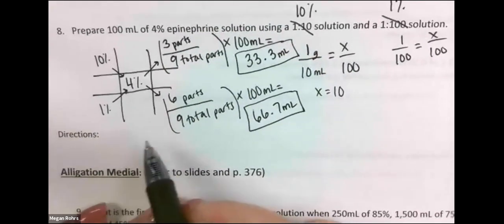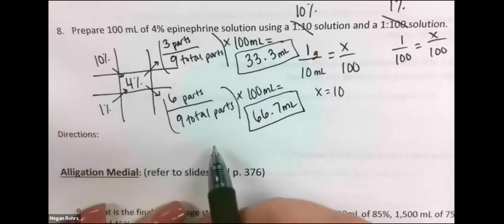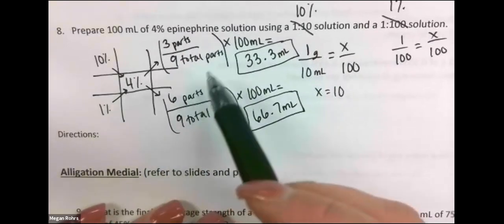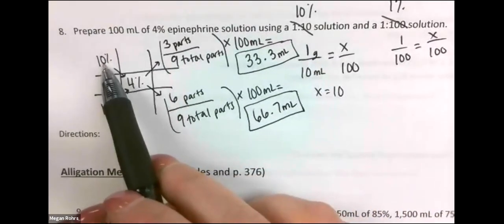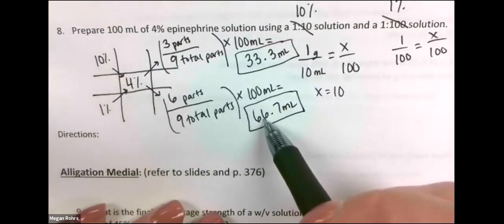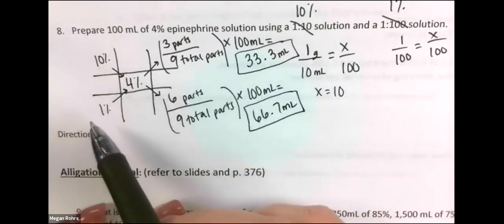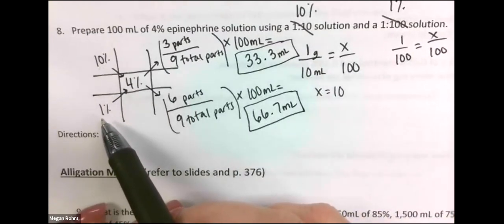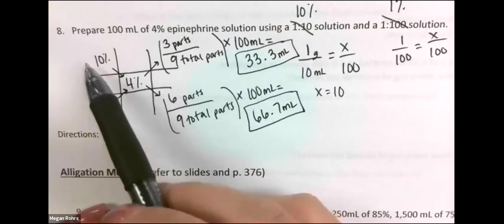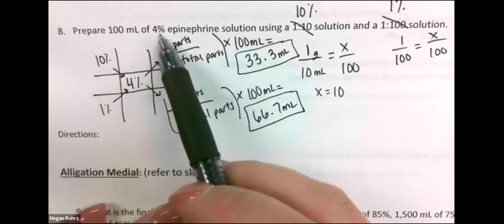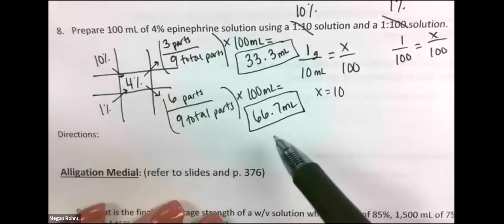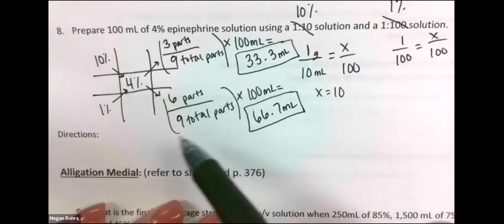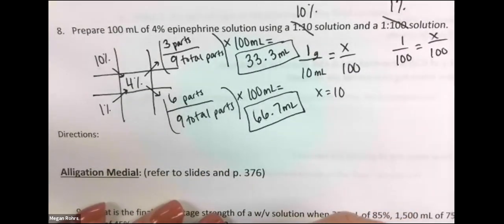Now let's write the directions so we can understand what's happening here, okay? So we have 33.3 mils of a 10% solution and 66.7 mils of a 1% solution. We're going to combine those two together to make 100 mils of a 4% solution. So we're just going to write that out as directions to tell somebody how to make this compound.